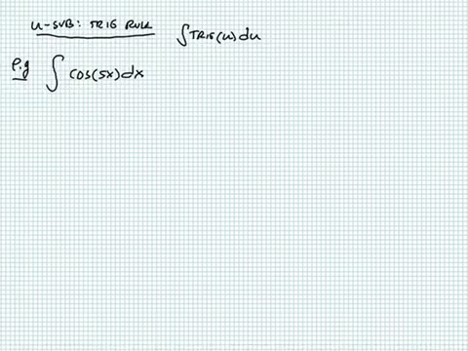Always think about your forms for u substitution. My form is going to be the antiderivative of cosine of u du, and this I know how to integrate. The antiderivative of cosine of u du is equal to sine of u plus c. And so I need to make this substitution.